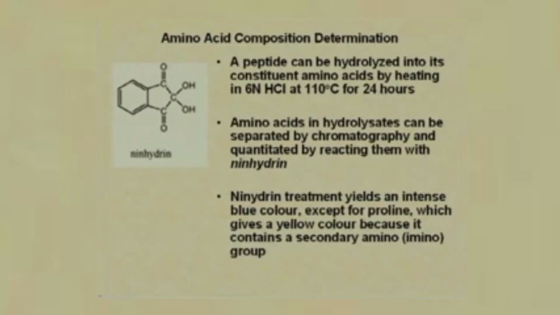But this will not tell you in what order they are, right? It will just give you an overall identification where you can then separate them by chromatography and figure out how many of each you have. How many alanines, how many glycines, how many aspartic acids, how many glutamic acids, and so on. But it gives you no information about which order they are in.